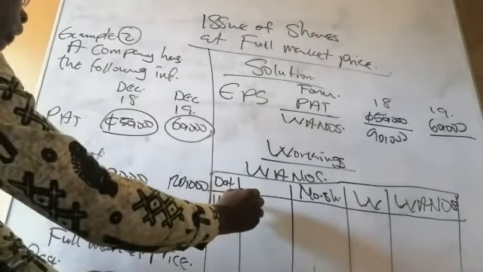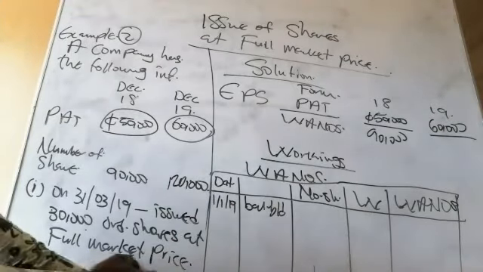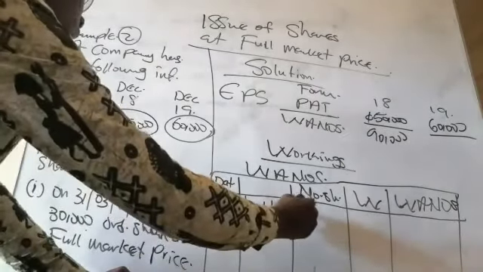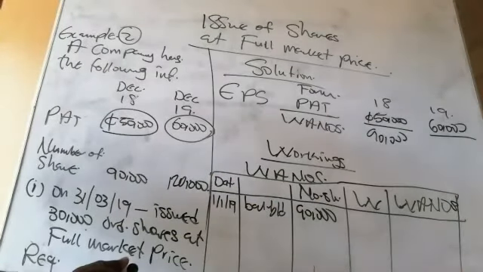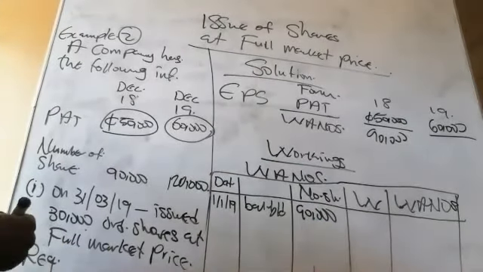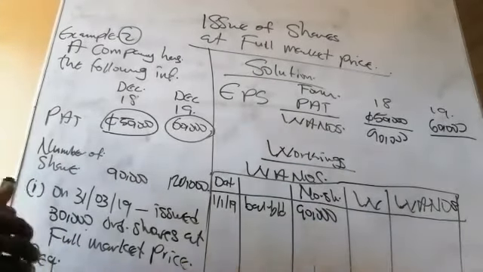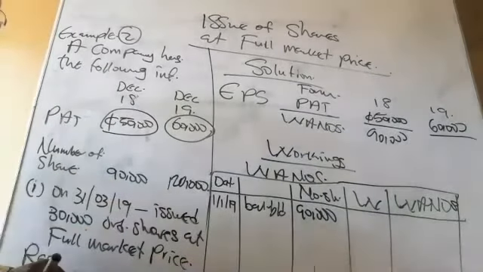So we call it balance brought down. The opening balance of the number of shares happened to be 90,000 shares. We are done. What will be the weight? The weight is nothing but the number of months left for the year to end from that particular date.